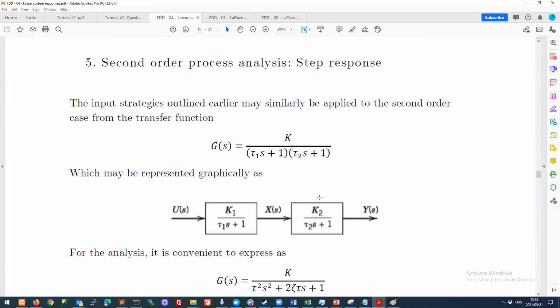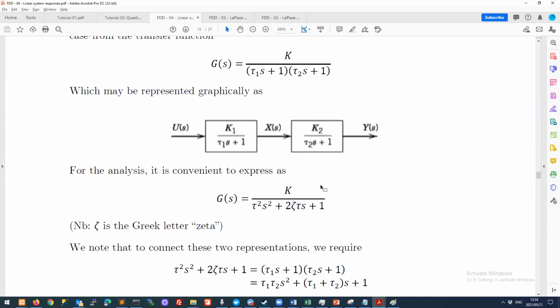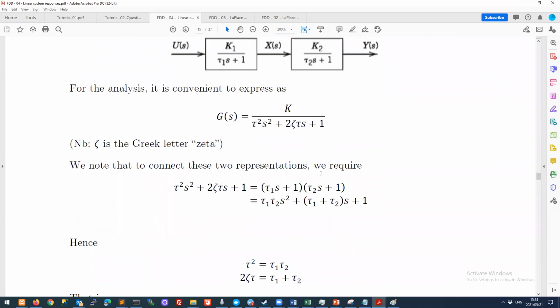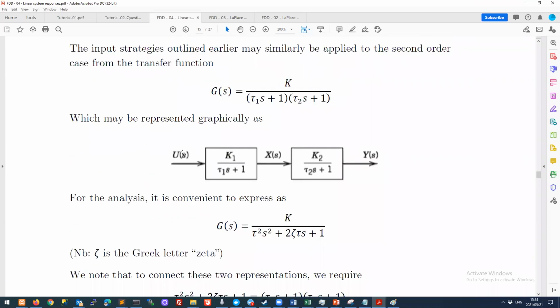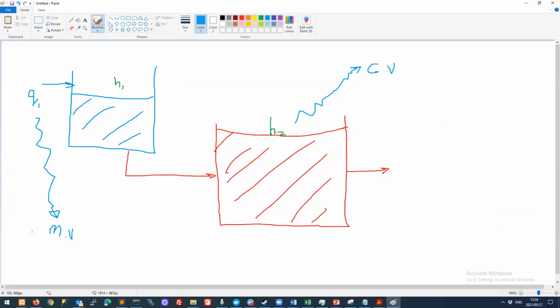Okay, so now that we can see second order, and many engineering problems are second order, then we can take the same approach as earlier and say, well, then I can just go ahead and apply different types of input. So remember, we are free to choose what to use for this.